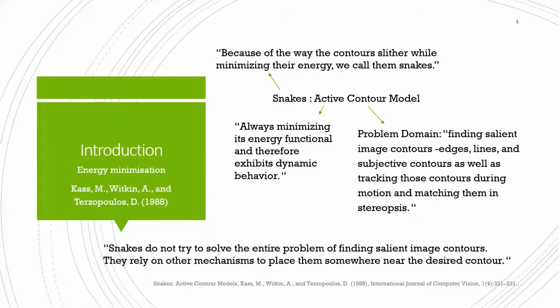And why is it called active? That's because it's always minimizing its energy function, and therefore exhibits dynamic behavior. And why it's called snake, I already explained: because of the way the contours slither while minimizing their energy, we call them snakes.